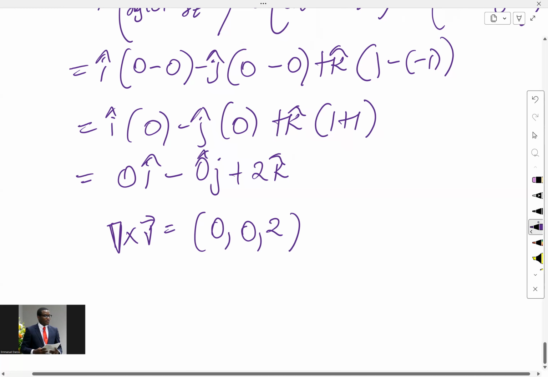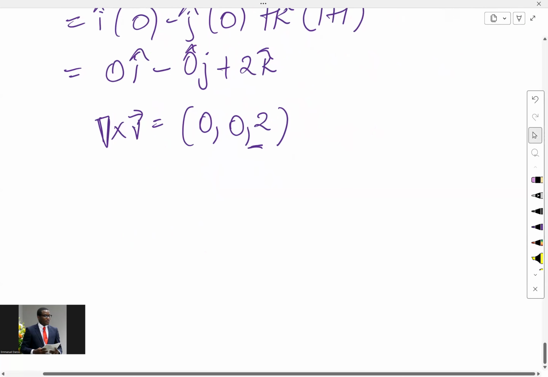That means rotation is only happening around the z axis, as we already know, because this is about rotation and circulation.